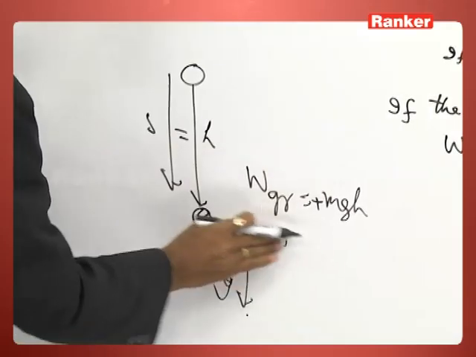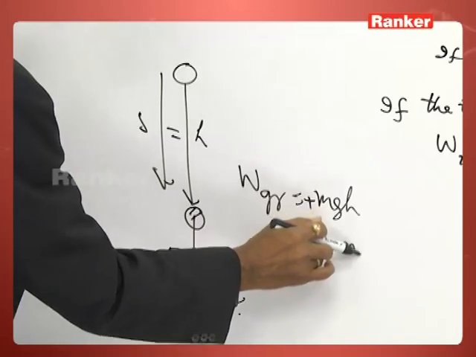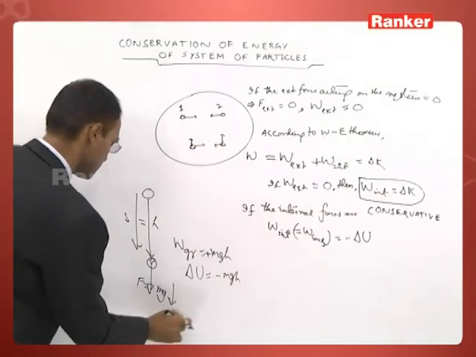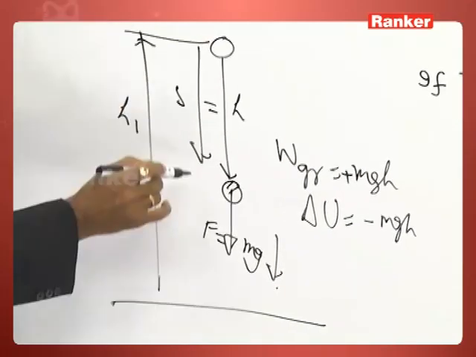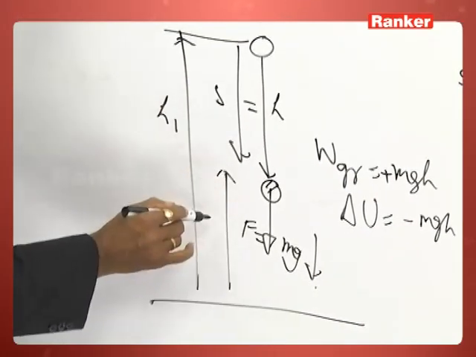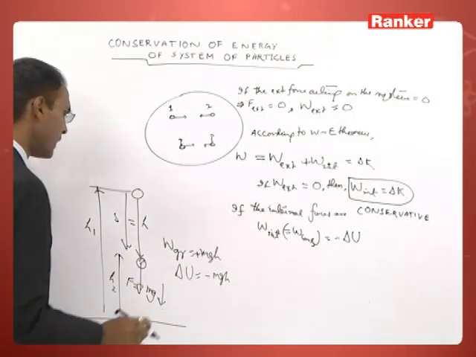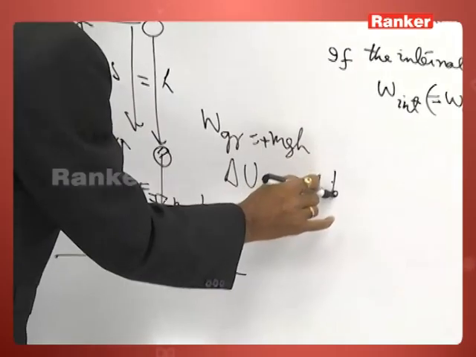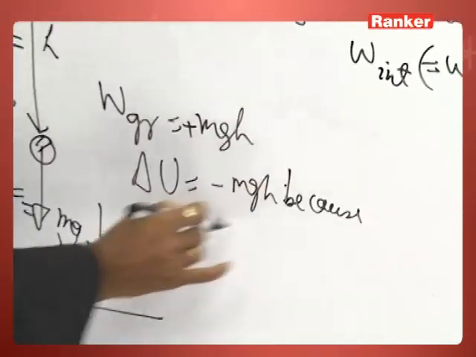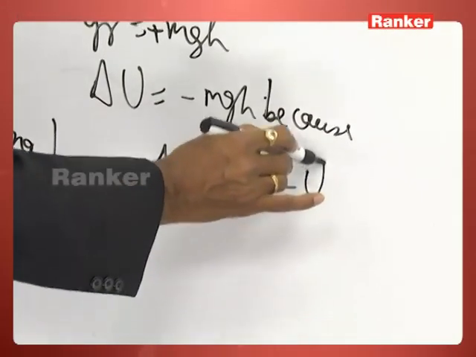The change in gravitational potential energy is equal to minus mgh, because initial potential energy is mgh1, final potential energy is mgh2. Change in potential energy is equal to final potential energy minus initial potential energy.